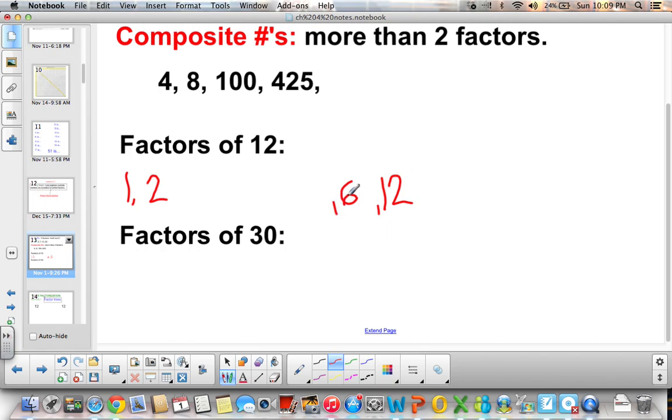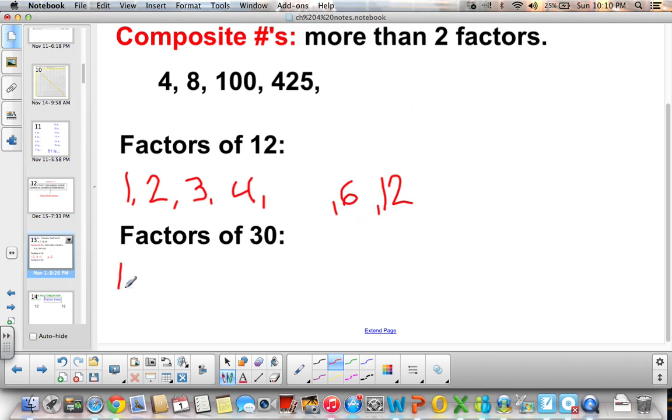So we're going to add 6 into our factors. I know that 12 can be divided by 3, and I know that 3 times 4 is 12, and that has filled it in. So once we come to where there's no gap between our numbers, on both sides of the two numbers that can be multiplied, then we know that we're done. So 1, 2, 3, 4, 6, and 12 are all factors of 12, or they're numbers that 12 can be divided by to get a whole number.